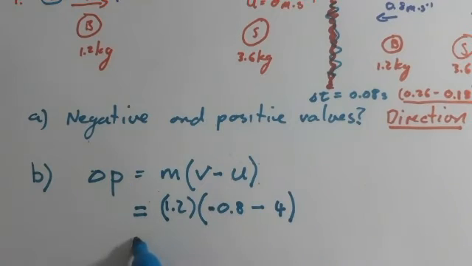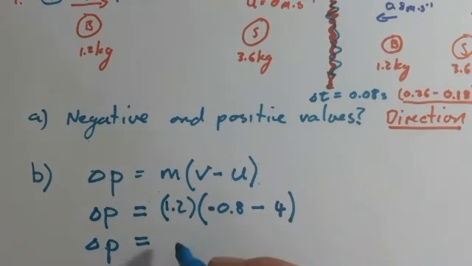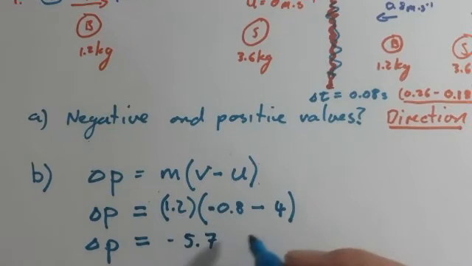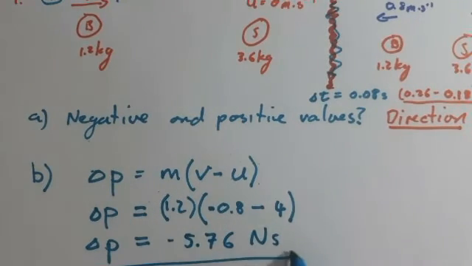So my change in momentum that I calculate is then negative 0.8 minus 4, that is negative 4.8, times 1.2, and I get negative 5.76 Newton seconds. I'm going to leave that like that because they only ask me to calculate the change in momentum, right?